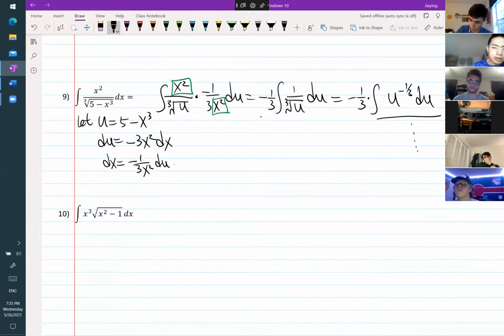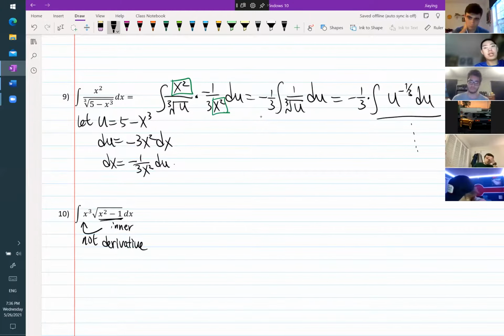So here, if we call this the inner function, this is not the derivative. x cubed is not a derivative of x squared. And also, going the other way, if we call this the inner function, is x squared minus 1 the derivative? No, it's also not the derivative. So it looks like it doesn't fall in the pattern that we have used before.